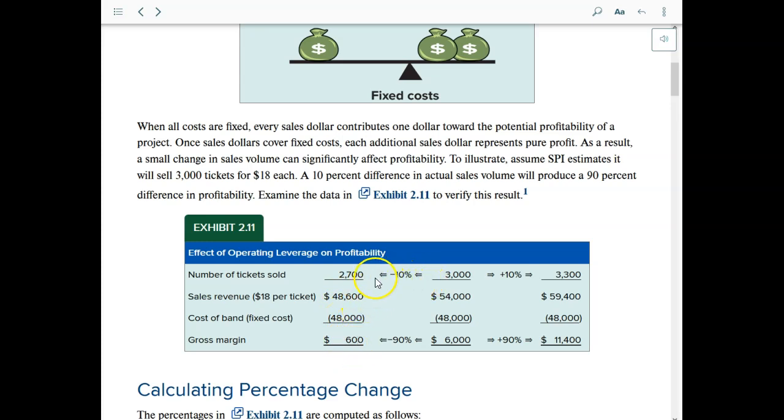So a 10% drop in revenue, activity, equates to a 90% drop in gross margin. So it can work both ways here. If you're highly leveraged, it's great when activity and revenue goes up because your profit goes up a lot, but the opposite happens. You drop off in sales, your gross margin drops down quite a bit.